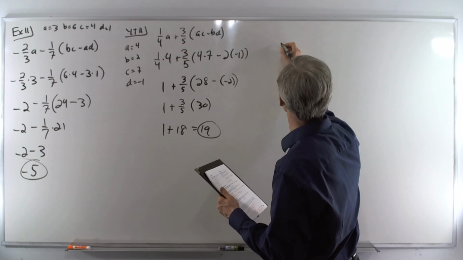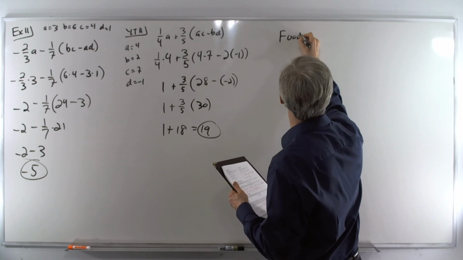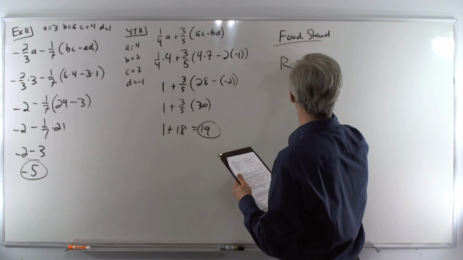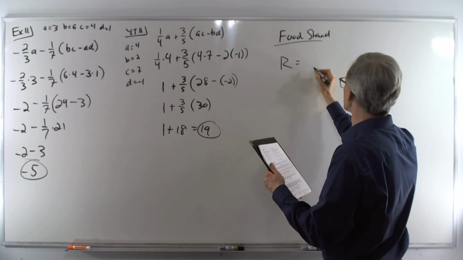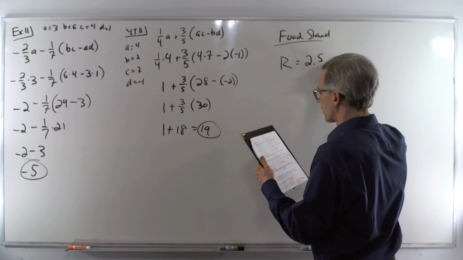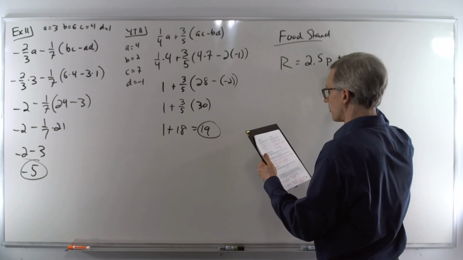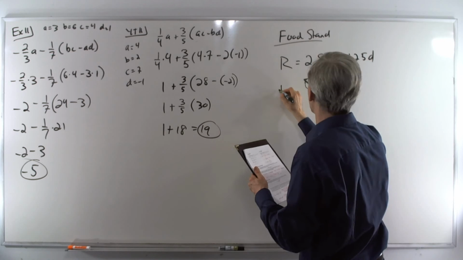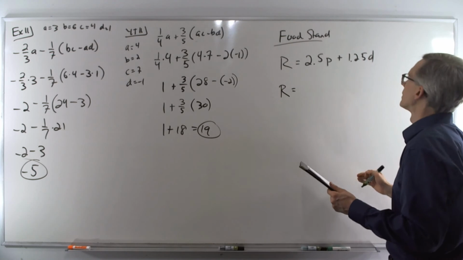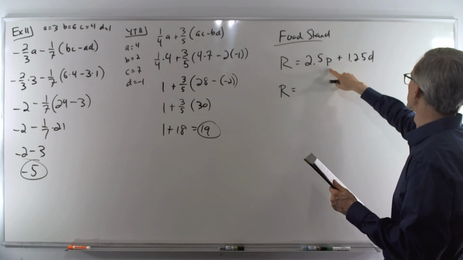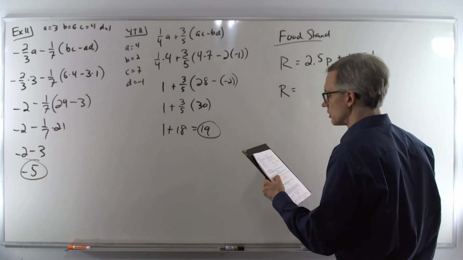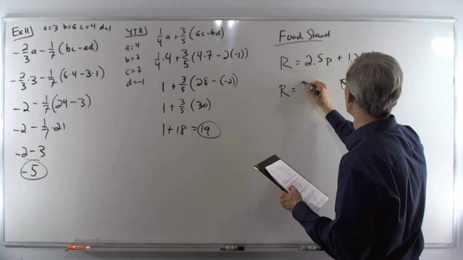So I'm going to write down the formula. And this is how a lot of formulas work. We set it up beforehand, and then once we know the values, we plug them in, and very quickly are able to calculate the quantity we're looking for. All right, so we got $2.50 per pretzel and $1.25 per drink. Plugging in the numbers, 78 pretzels were sold.